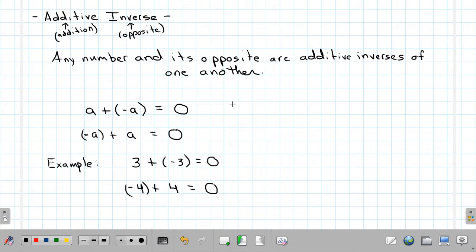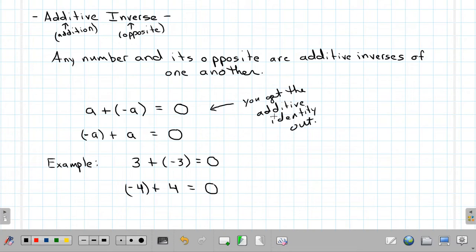But I do want to make a note here: you get the additive identity out. What I mean by that is the additive inverse and additive identity are connected in one way, because if you add a number and its opposite, the result you get should be the additive identity.